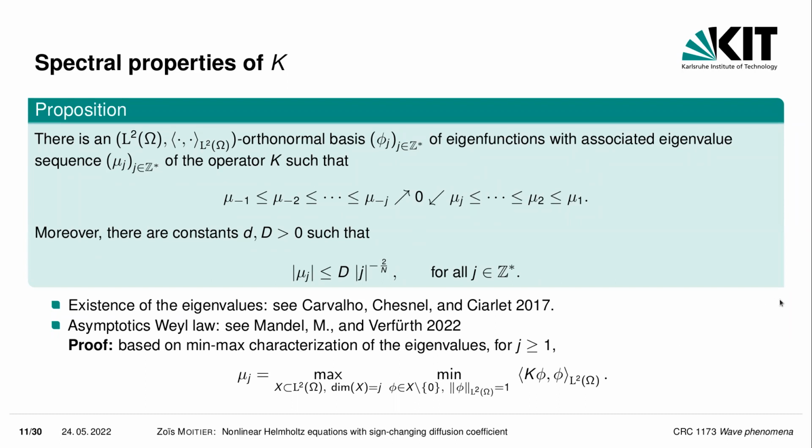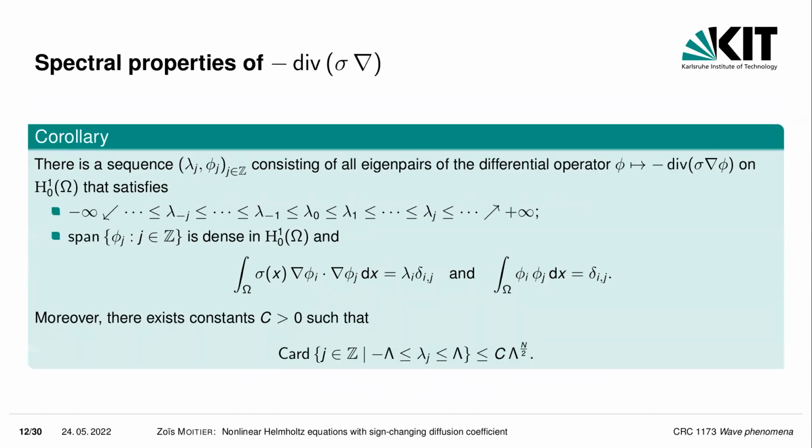So now we know a bit about the spectral property of K, but we would like to go back to the spectral property of the operator. And so now we do the link between, basically, the eigenpairs of K and the eigenpairs of the operator.